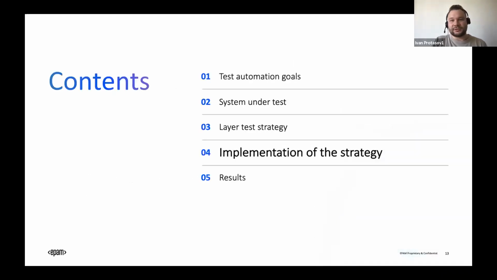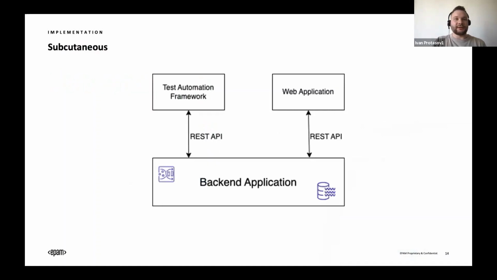And how do we implement this layer test strategy in practice? The simplest approach is sub-cutaneous testing. The main idea of the sub-cutaneous approach is that the test automation framework replicates the actions made by the web application through API calls.